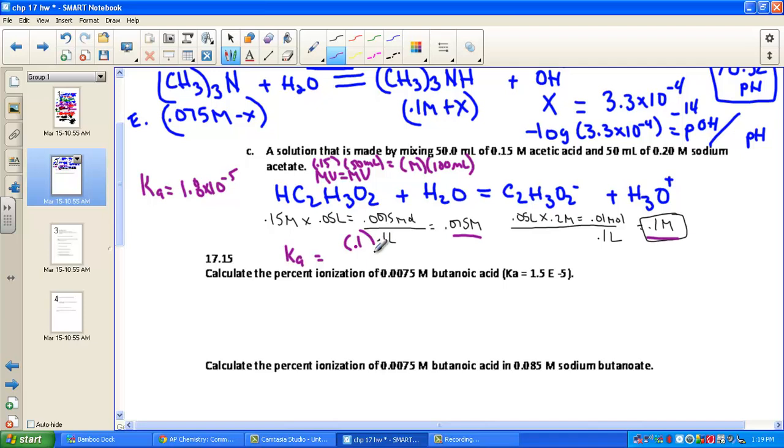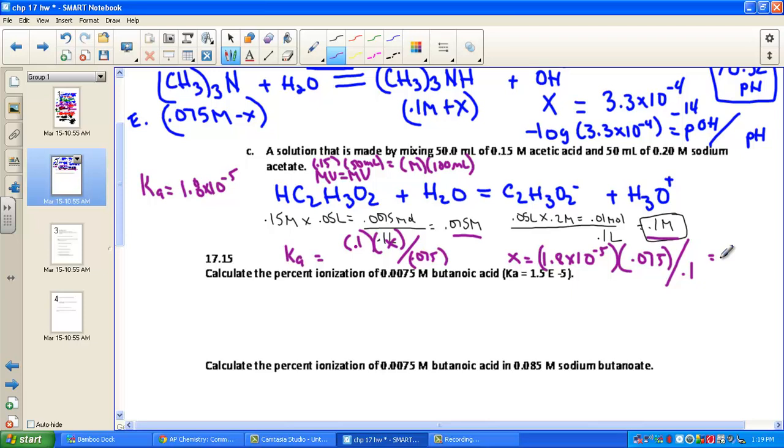Technically it's 0.1 plus X, but we'll toss that out, times X, set over the new concentration here, 0.075. So to pull out X, we take that Ka value, 1.8 times 10 to the negative fifth, times 0.075, divided by that 0.1. And what do we find for X?